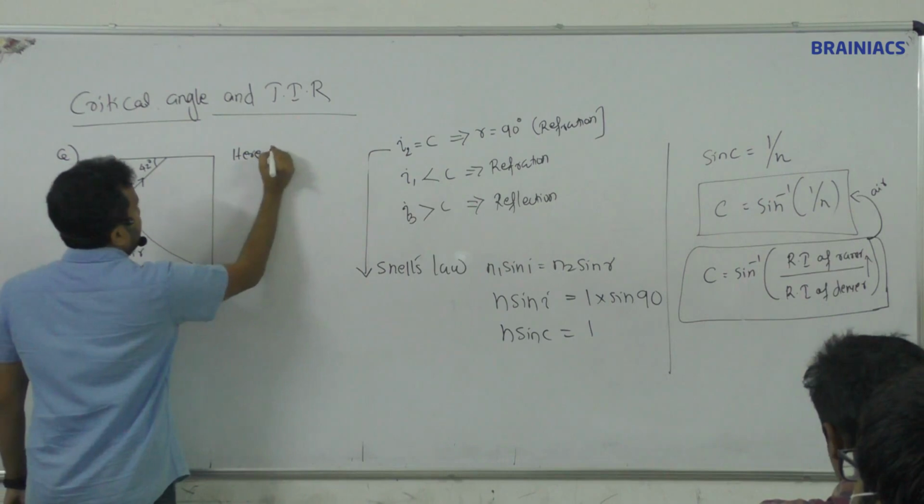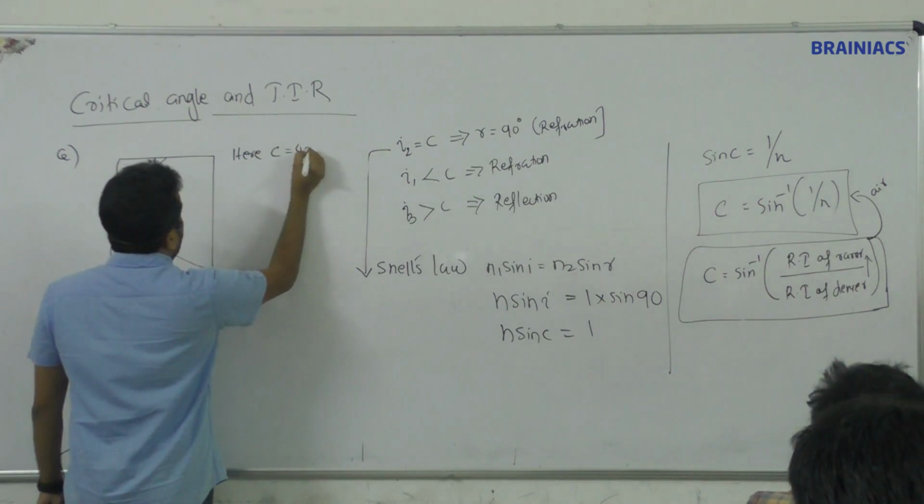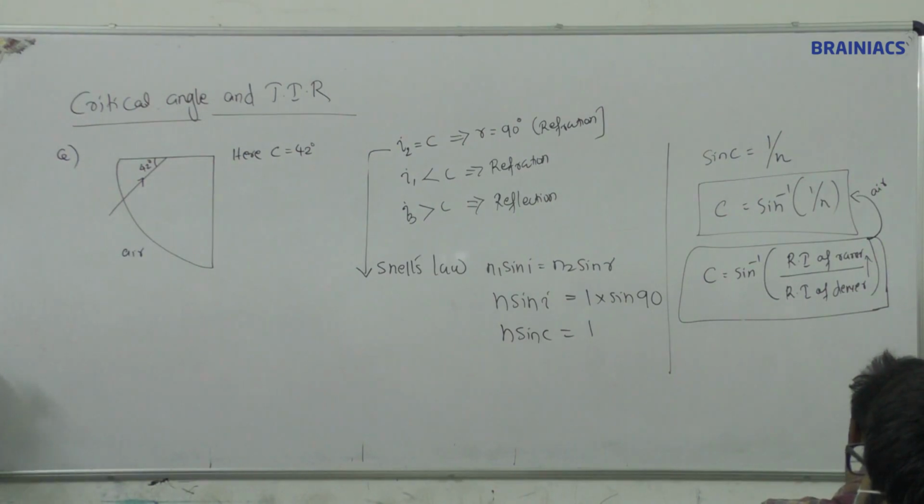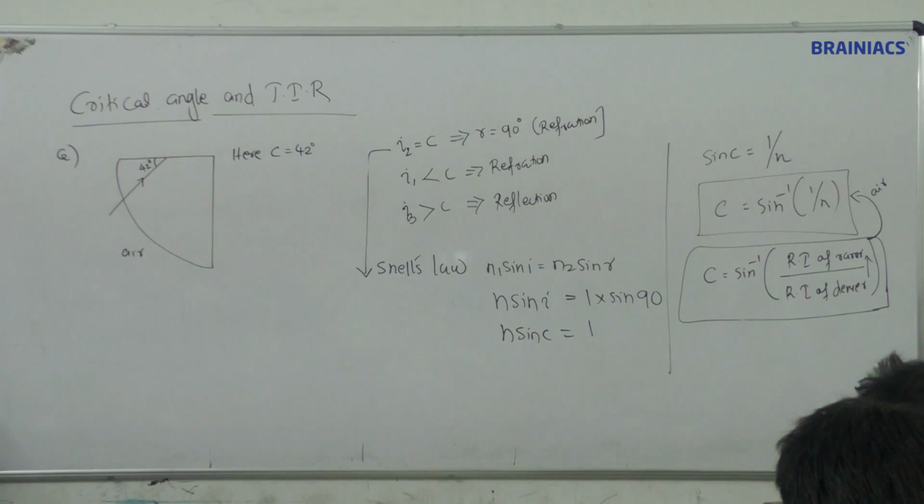Here C equals 42 degrees. Critical angle is given as 42 degrees.